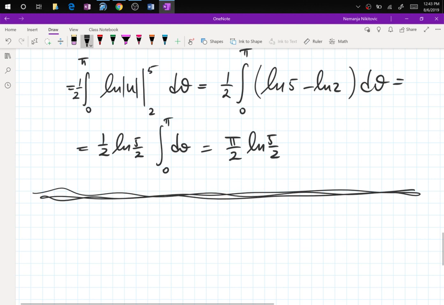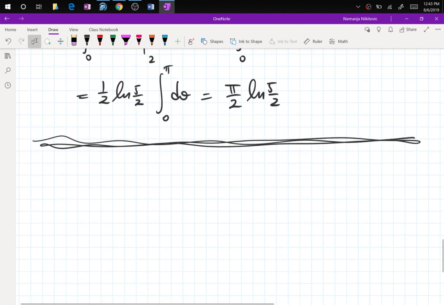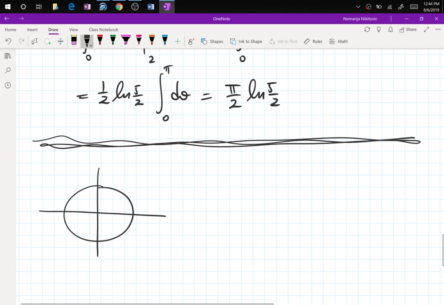However, the domain can be more interesting. What if you have a flower intersected with a circle, and you are only interested in the volume of a part of the whole thing? Say you have a circle, and then you have a flower poking out like this.